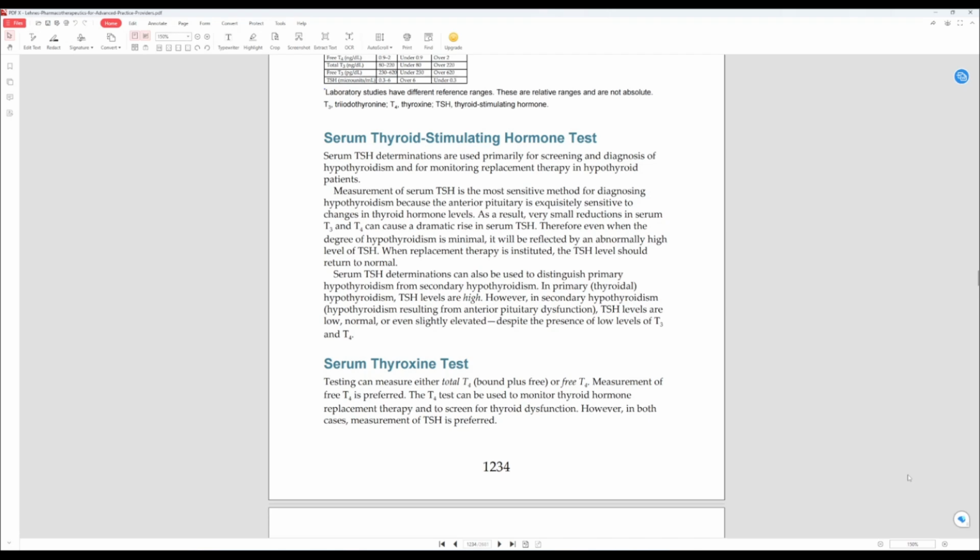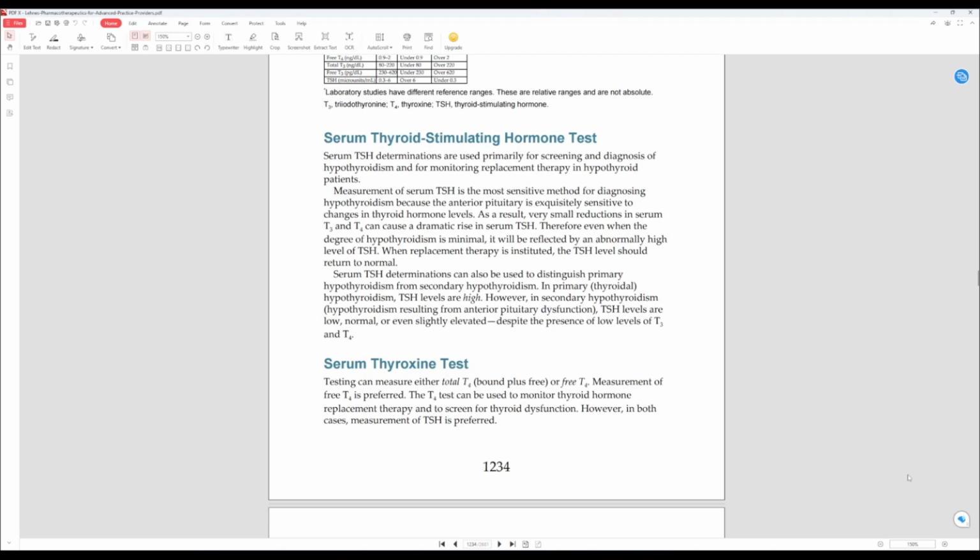As a result, very small reductions in serum T3 and T4 can cause a dramatic rise in serum TSH. Therefore, even when the degree of hypothyroidism is minimal, it will be reflected by an abnormally high level of TSH. When replacement therapy is instituted, the TSH level should return to normal.